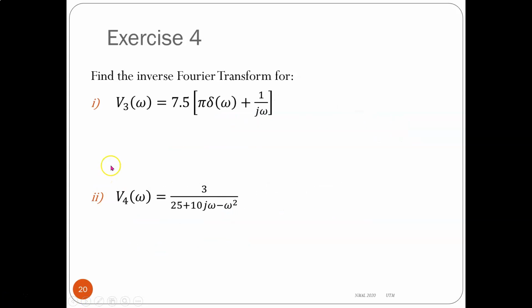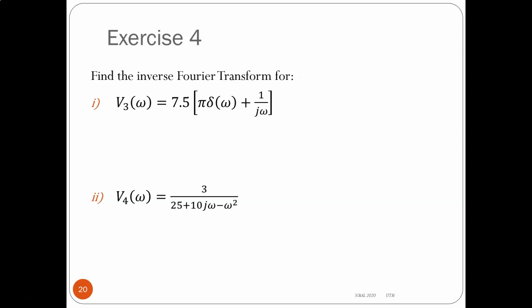As in exercise 4, we need to find the inverse Fourier transform for this function V3 omega. You try to find the closest match of the Fourier transform with the time domain signal in the list of the table.